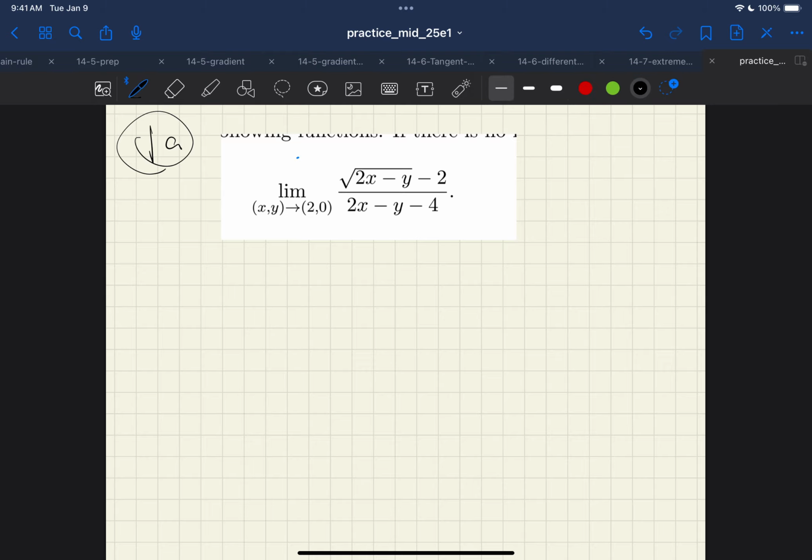For the limit problem, we always want to try the substitution method. In other words, replace x by 2 and replace y by 0.